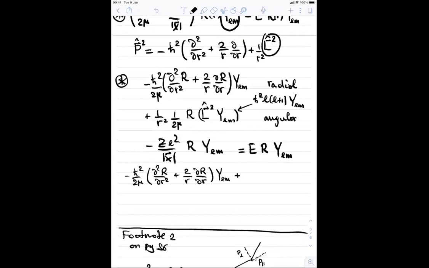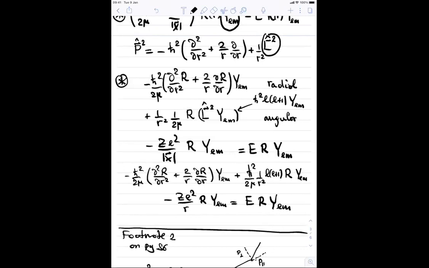plus h bar square over twice the mass, 1 over r square, and then I have l times l plus 1, and then I have R times Y lm, minus Z e square over r times R Y lm equal to E R Y lm.